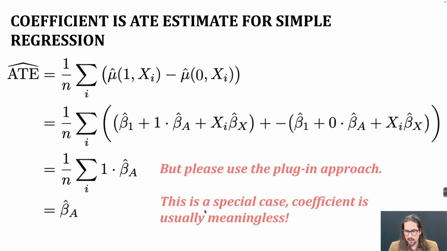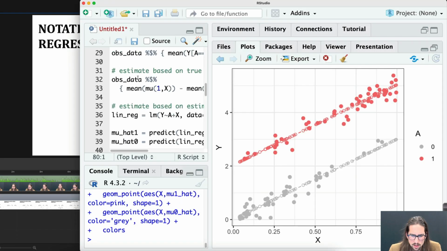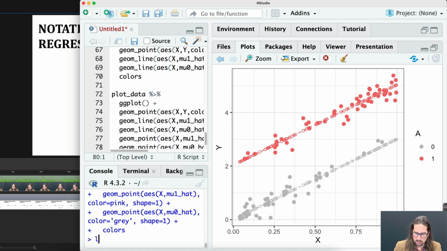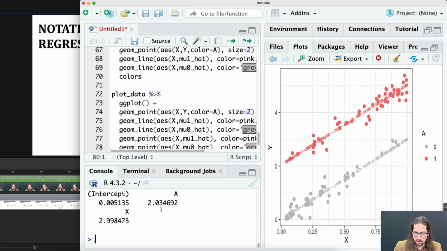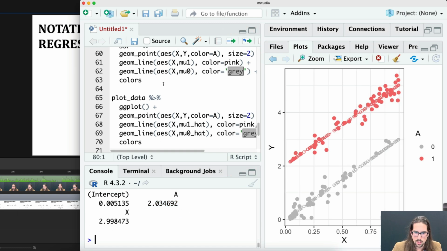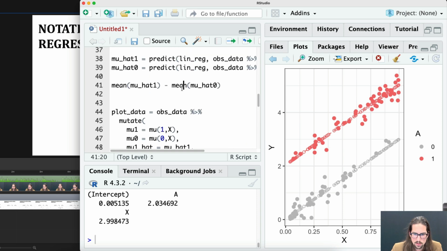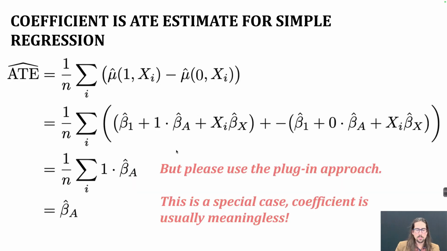And by the way, you can see that in this example, if I look at lin reg, you see that my coefficient on A is indeed the ATE estimate that we got when we took this difference here, 2.03, same thing. So I'm showing you that in this special case, you can just look at that coefficient. But this is just a special case, okay?